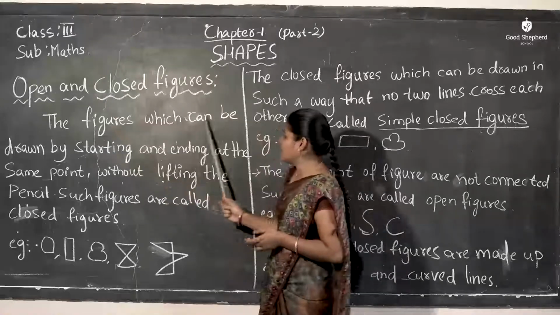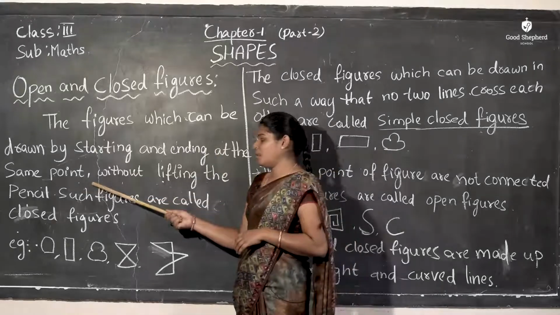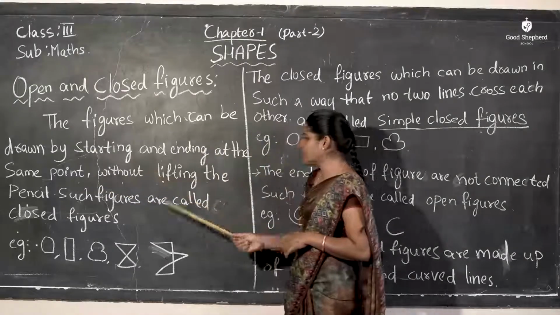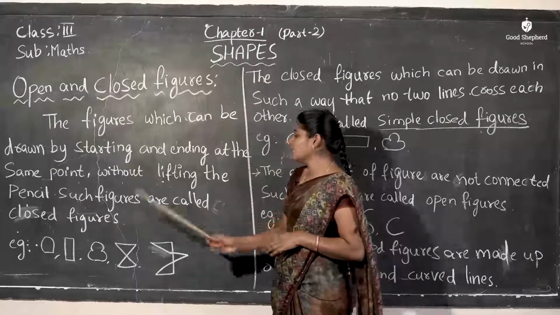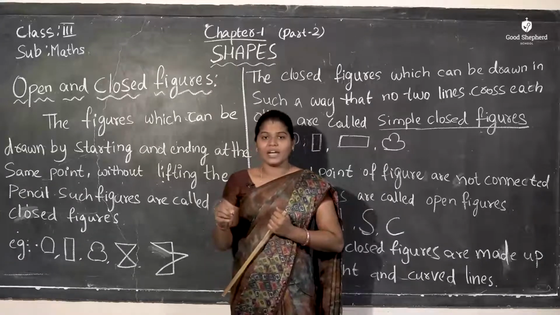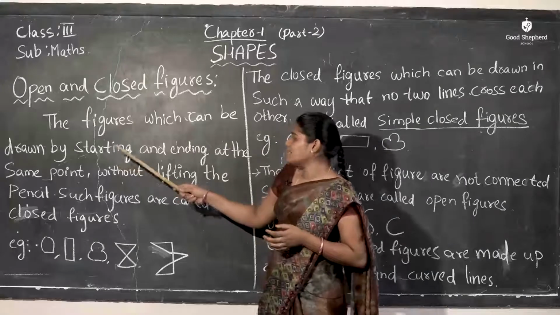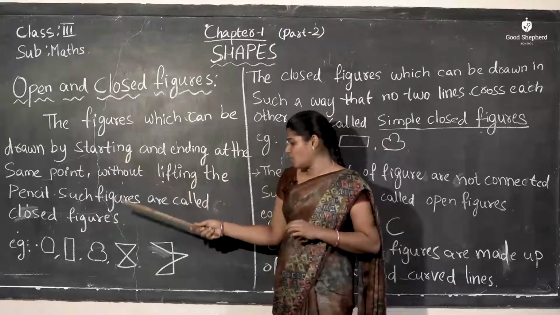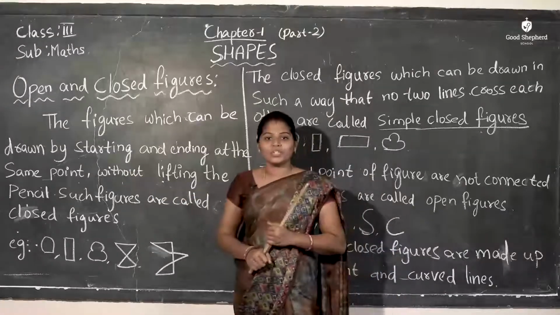The figures which can be drawn by starting and ending at the same point without lifting the pencil, chalk or pen are called closed figures. If you are drawing any line or drawing in such a way that you start from one point and end at the same point, such figures are called closed figures.